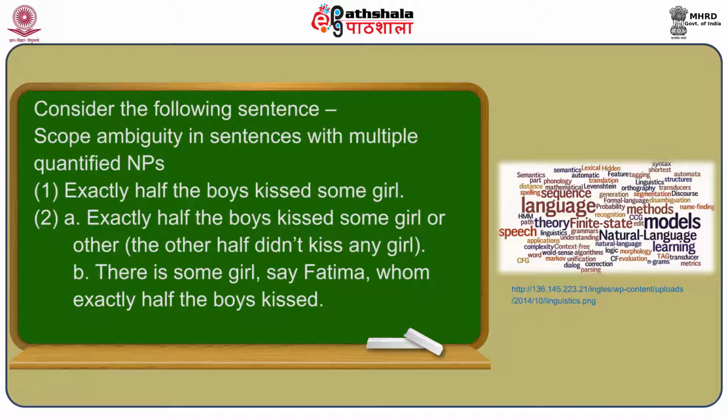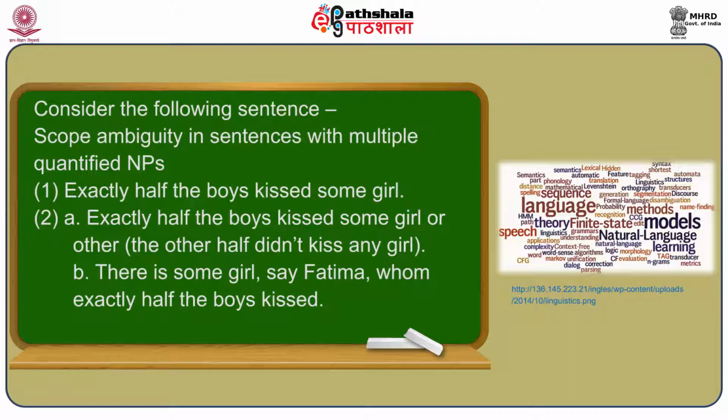Exactly half the boys kissed some girl or other. This would be true in a situation where the number of boys who kissed some girl or other is exactly half of the boys overall. The other half didn't kiss any girl.